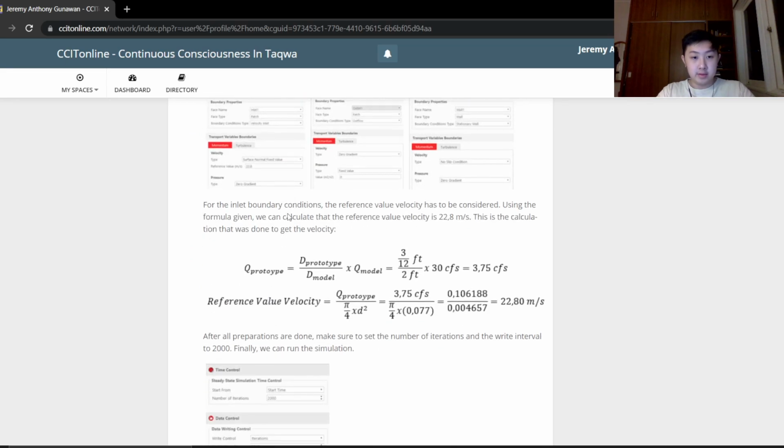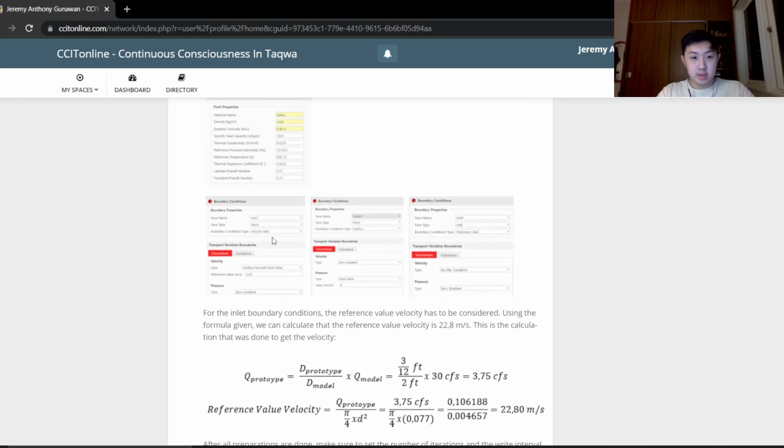Then we'll input the boundary conditions: changing the phase name to inlet 1, choosing velocity inlet and putting 22.8 meters per second as the reference value velocity, and then setting the outlet phase to outflow and the wall to stationary wall.